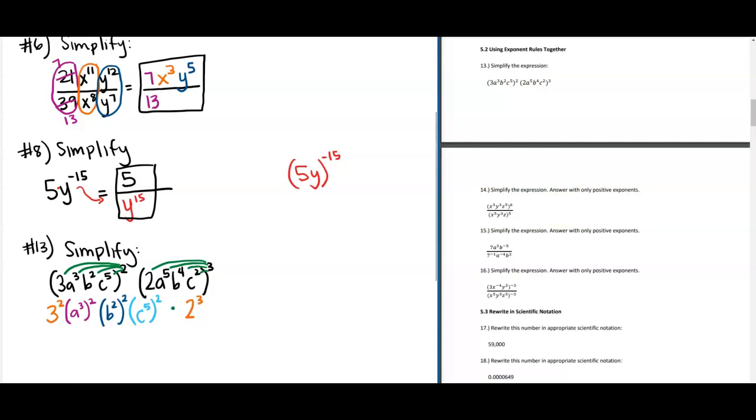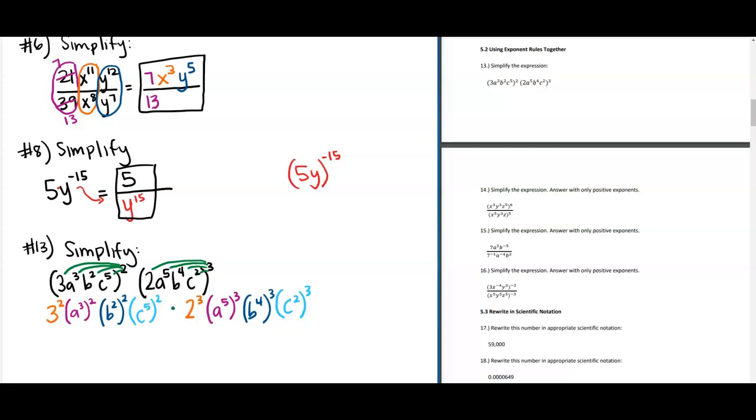Then we'll have a to the 5th power, all raised to the 3rd power. Then let's do our b's: b to the 4th raised to the 3rd. And now we'll do our c's: c to the 2nd raised to the 3rd.